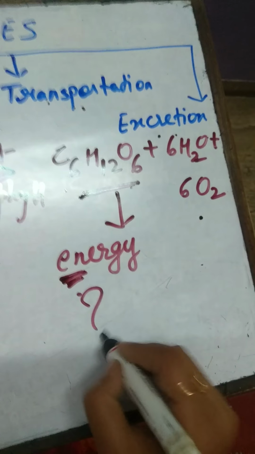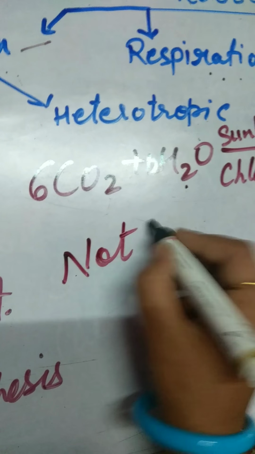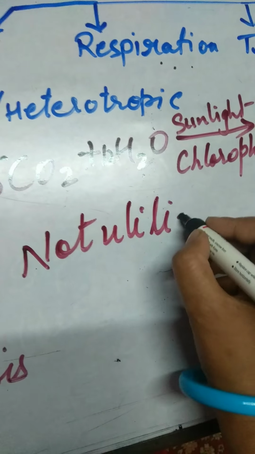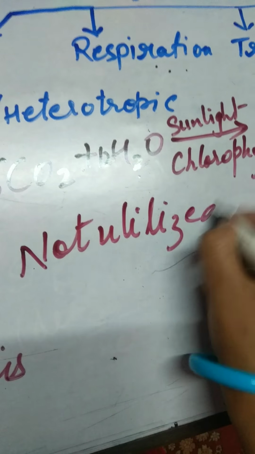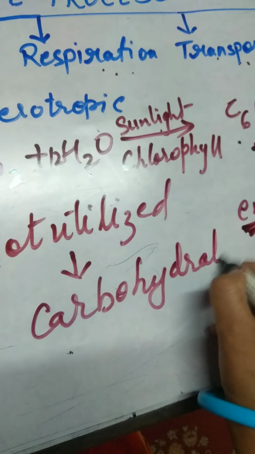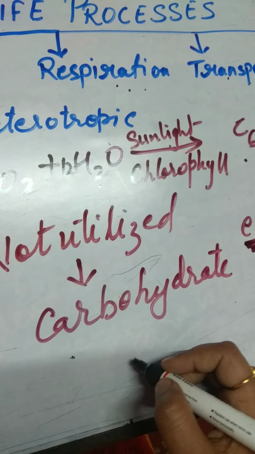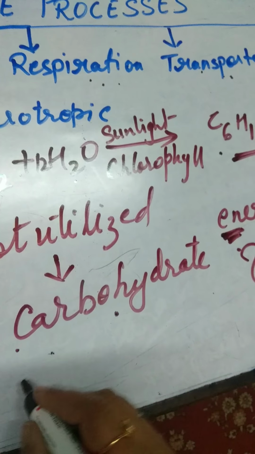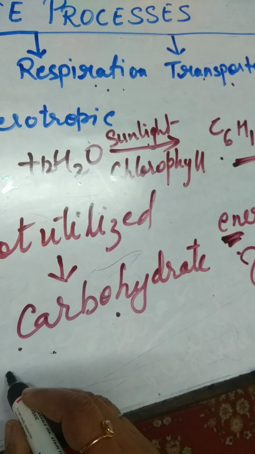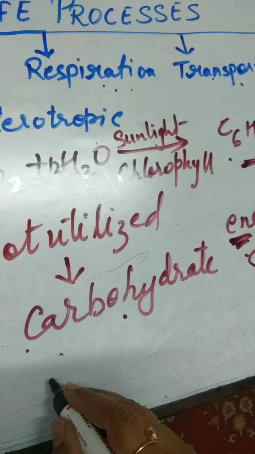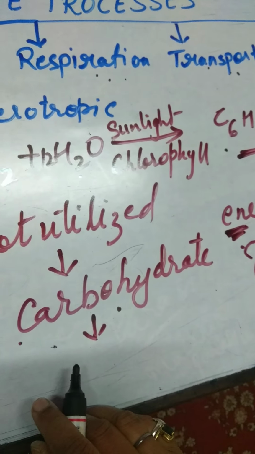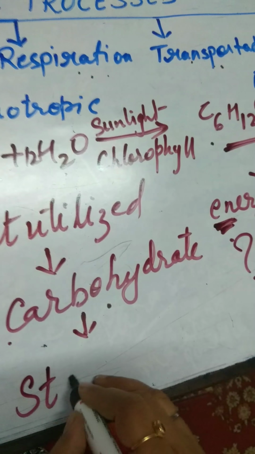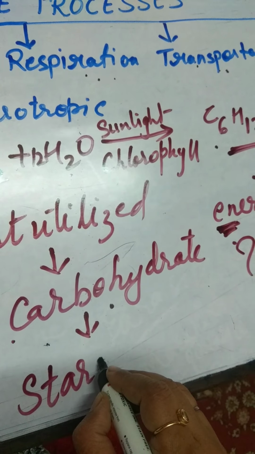Glucose which is not utilized is stored in the form of carbohydrate in plants. Stored in the form of carbohydrate, while it is utilized by human beings.